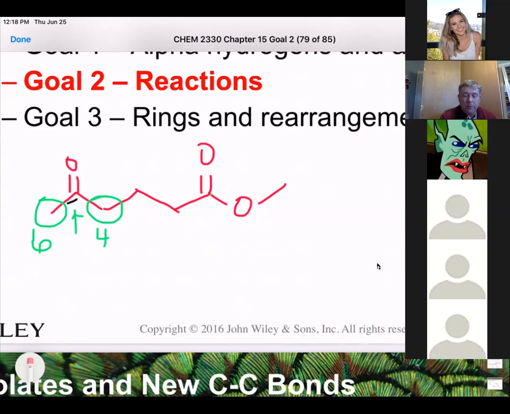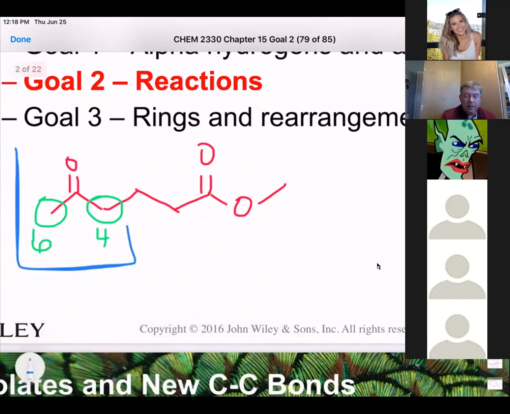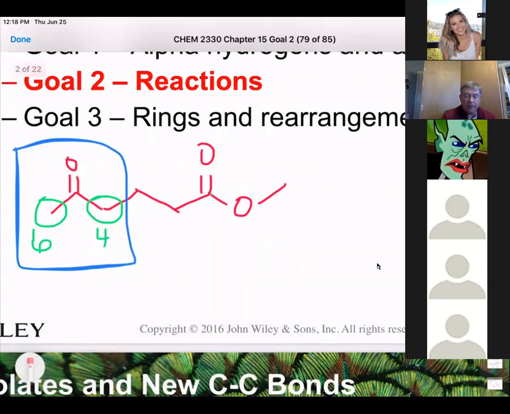We're only going to remove one of these 2 protons. Do we see why? These 2 are more acidic than the ones over here, because the oxygen can donate a little bit of electrons to the system, making it less acidic. So we're not going to deprotonate over here.